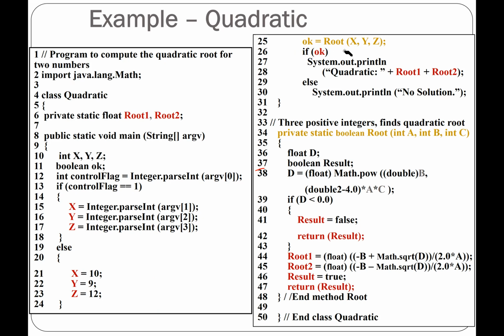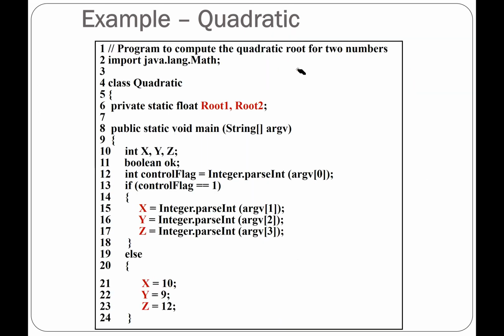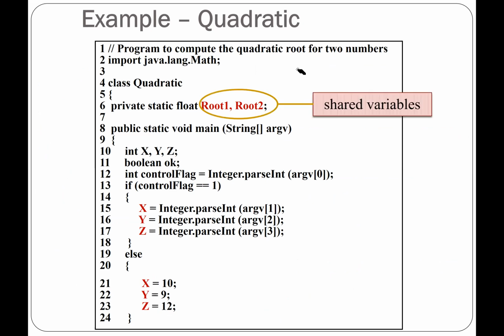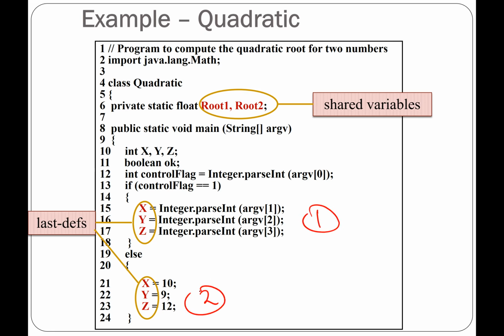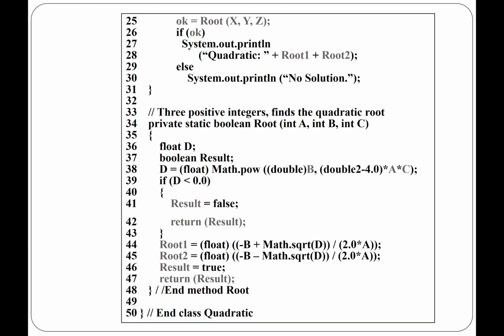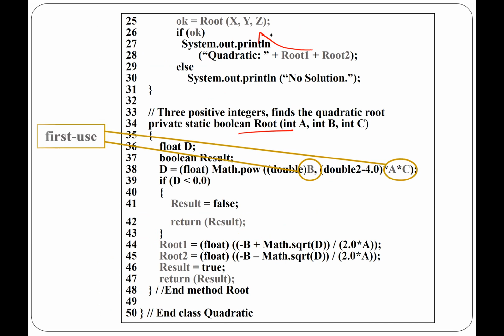All right, so now looking at this particular code, again, we're just going to show it over 2 slides. I have my shared variables. This is a situation for X, Y, and Z, 2 places where they could have been last defined. So 15, 16, 17, let's just call this node number 1, and those last 3, node number 2, as they get transferred to the second function through the function call that is hidden from the screen over here, A, B, and C. This is the first place where it got used.